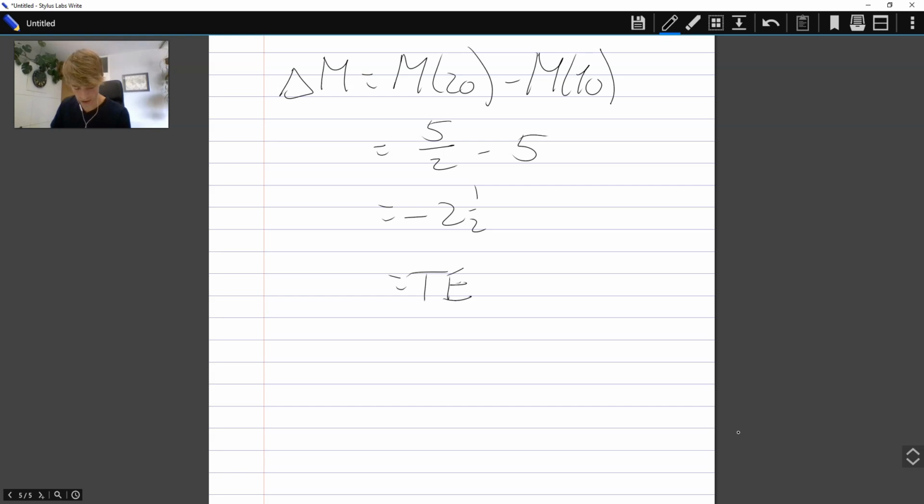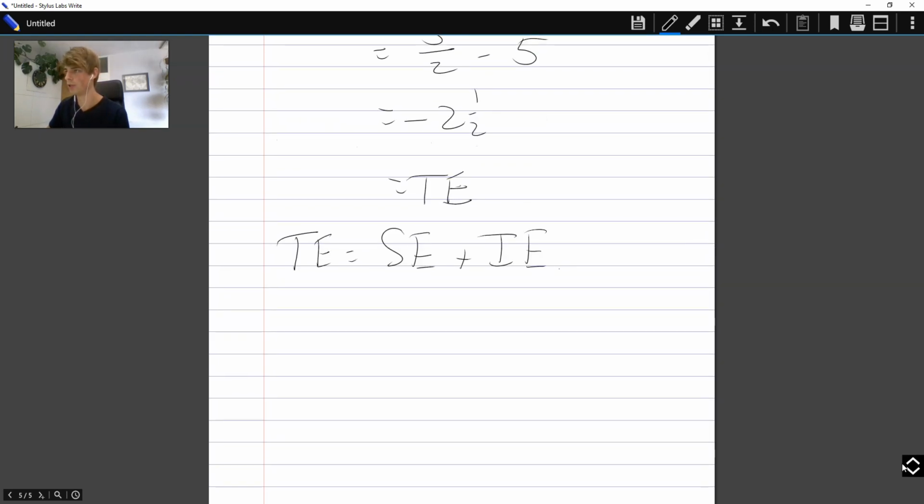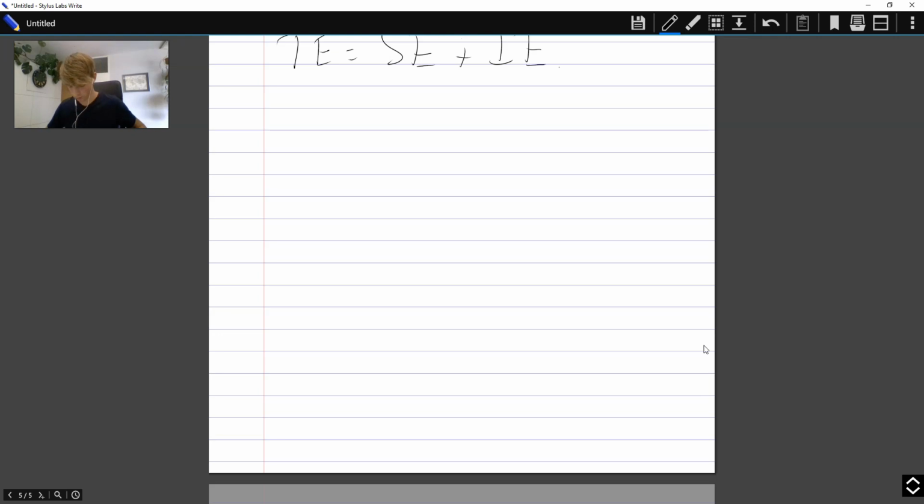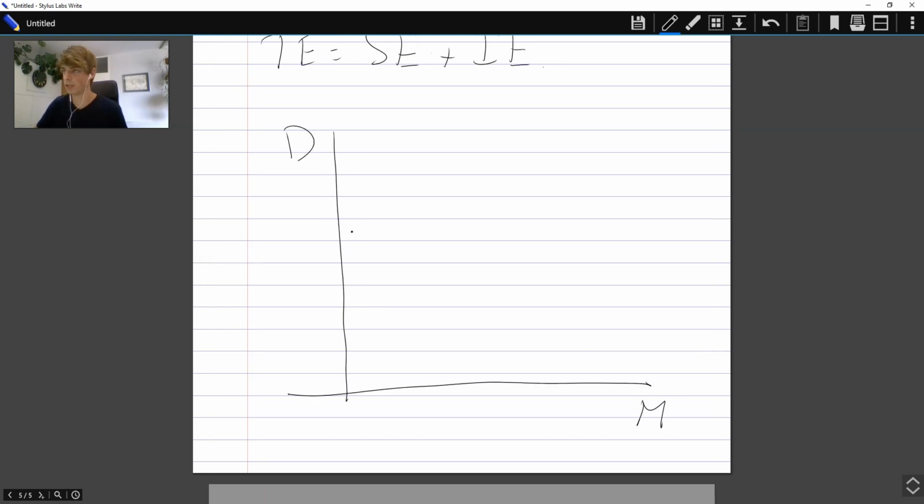Let's say the total effect of this price increase on the consumption of movie tickets. And we are asked here again to decompose this into the income effect and the substitution effect. So recall that we can split this total effect into the substitution effect and the income effect. So how do we do that again? Well, consider this plane again.